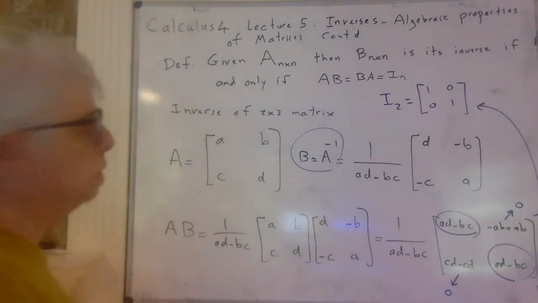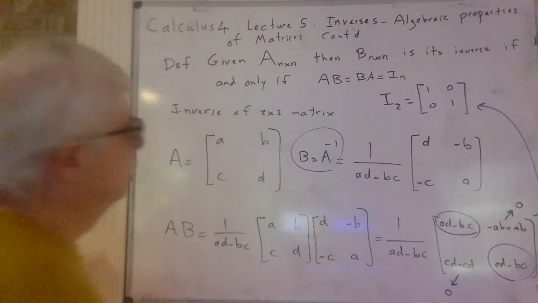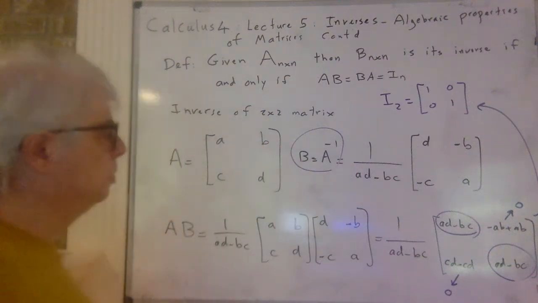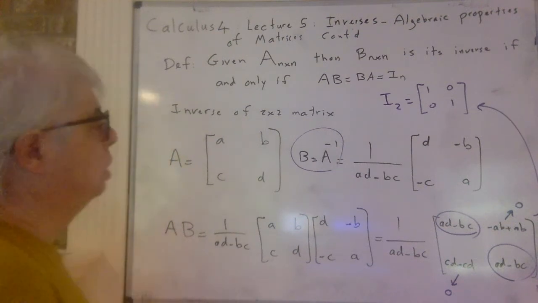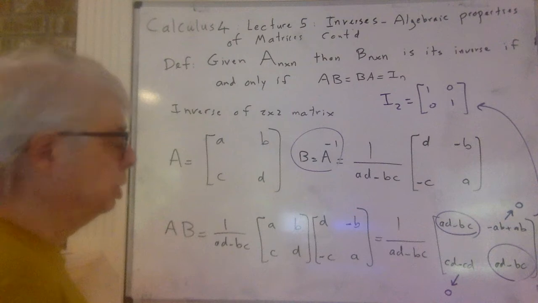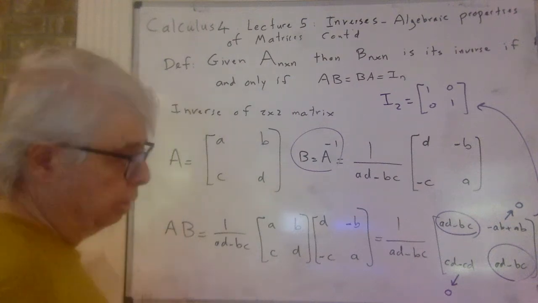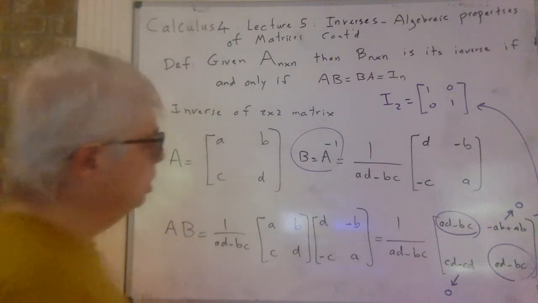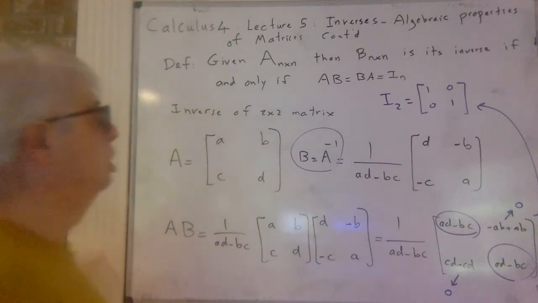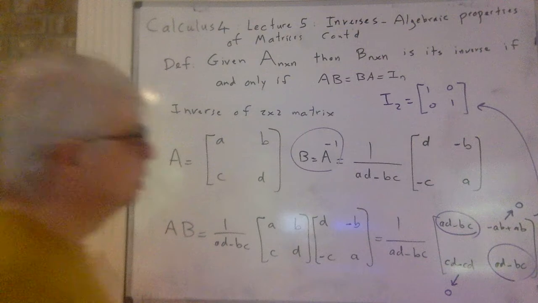So inverse is denoted by A with -1 on top. Another notation was used a long time ago, so they decided to use this notation. This doesn't mean 1 over A, please. For just numbers, real numbers, that is correct. But for matrices and other things like functions, that is not 1 over something. It's inverse.